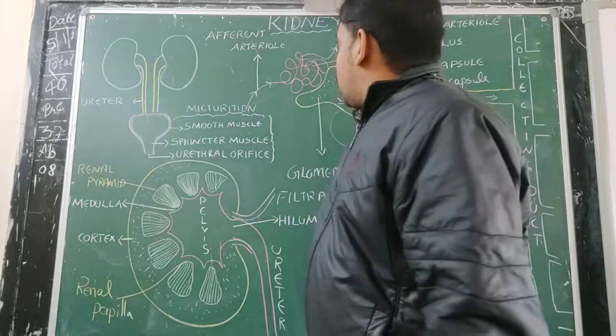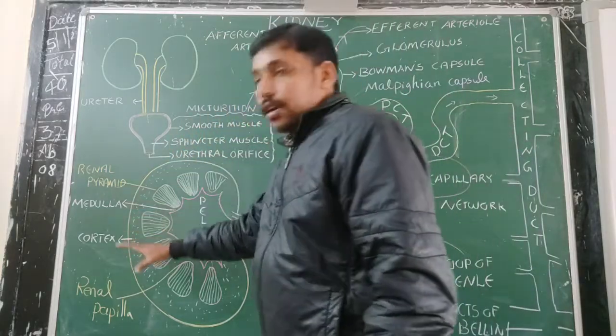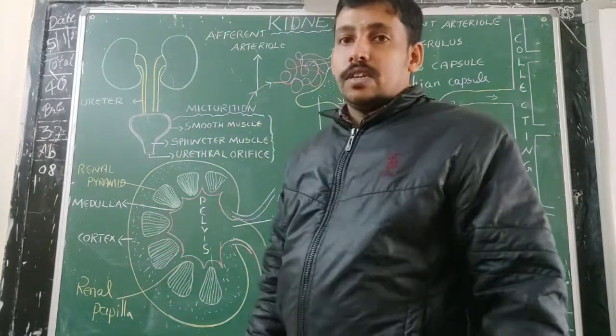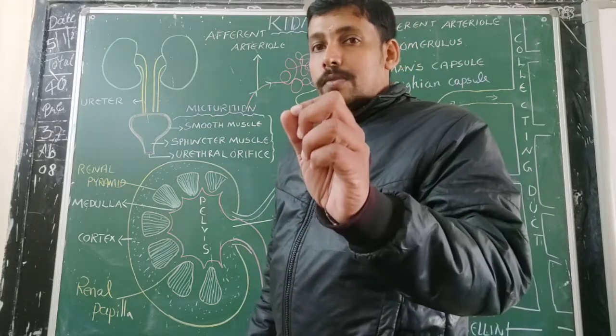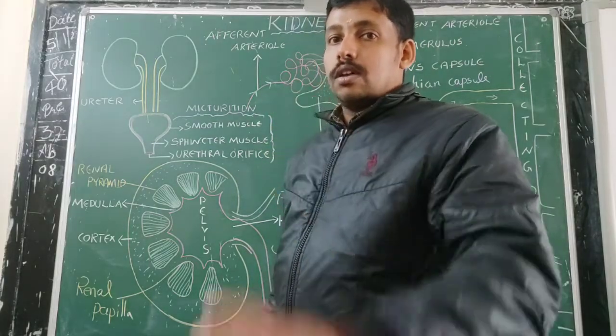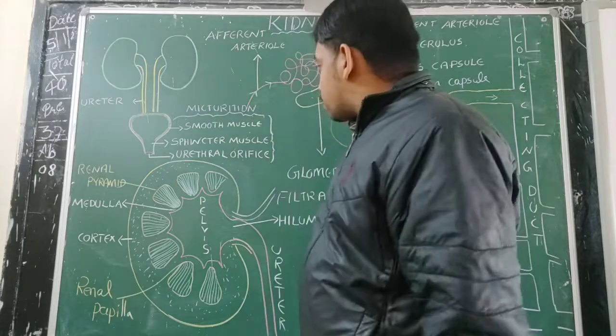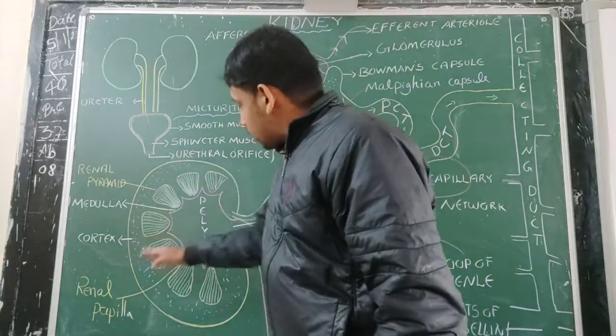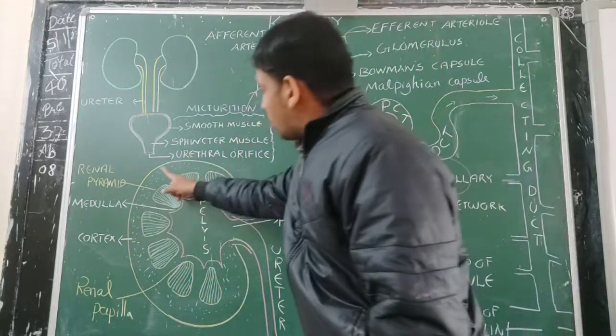Now we come to the structure of the kidney. We have to learn a very brief idea regarding the internal structure of the kidney. It has a convex and a concave surface.